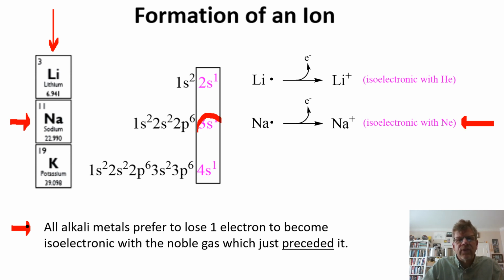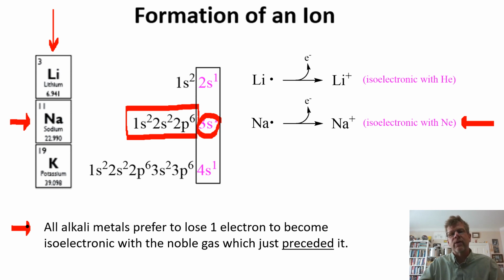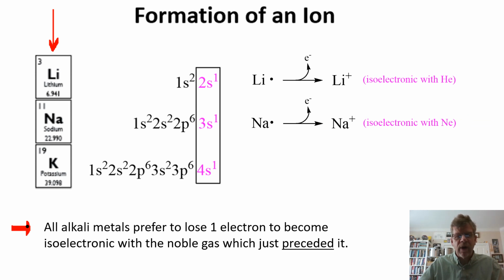It loses this s1 electron, that one, and if we look on the periodic table, if we work this out, this is the electron configuration for neon, another noble gas. It doesn't matter which noble gas it is, it has a noble gas configuration. So this sodium plus cation is very, very happy because it is isoelectronic with a noble gas, in this case, neon.